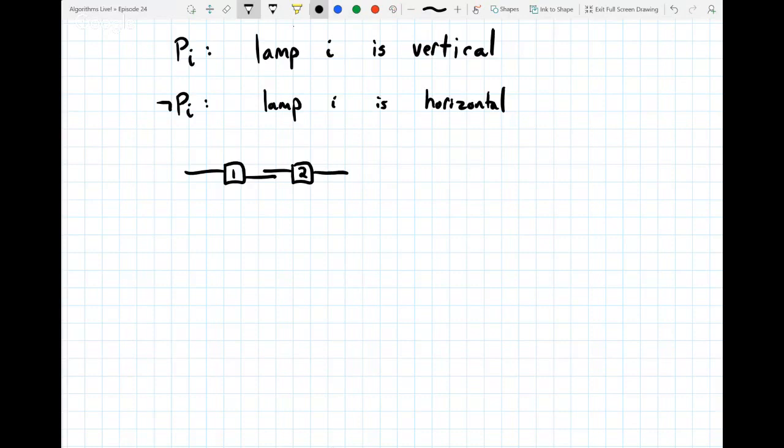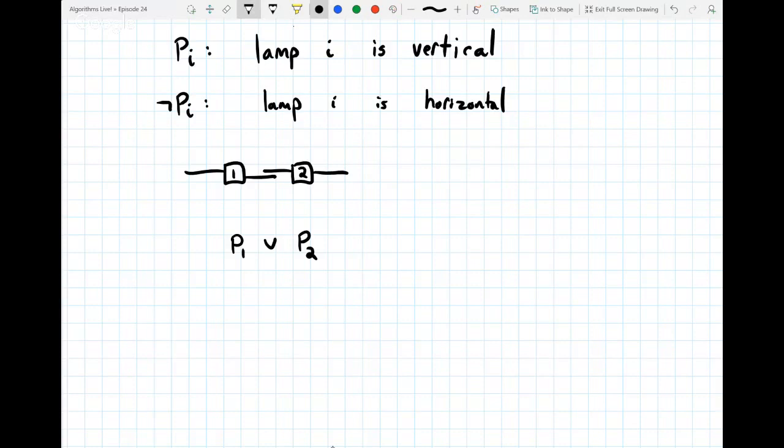The easiest way to enforce that is just to do P1 or P2 as my rule. They could both be vertical, and that's perfectly fine. But if one of them is vertical, then it enforces that rule, or if just the other one is vertical, then that also enforces that rule. So this is a perfect rule for these lamps.